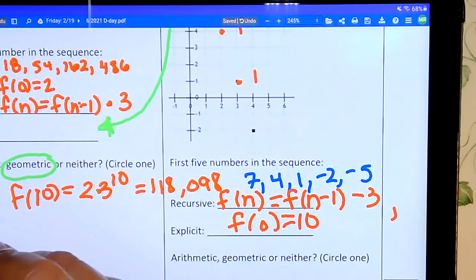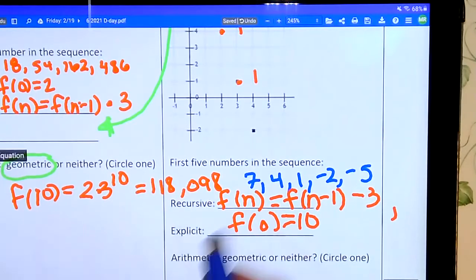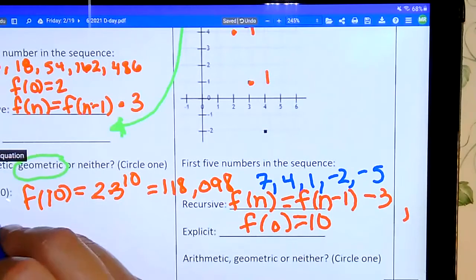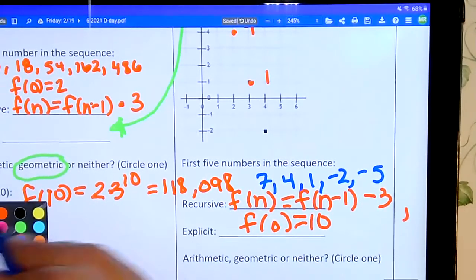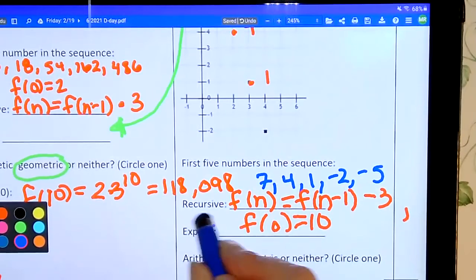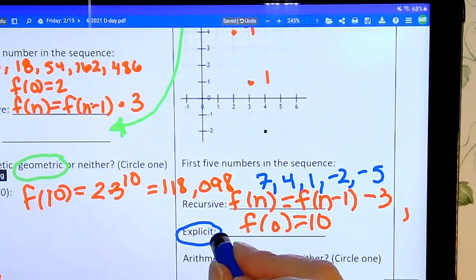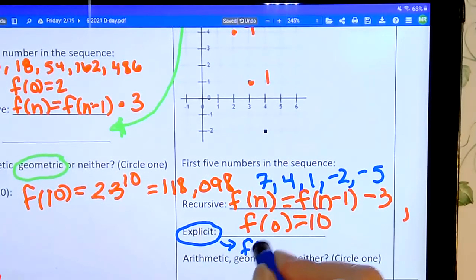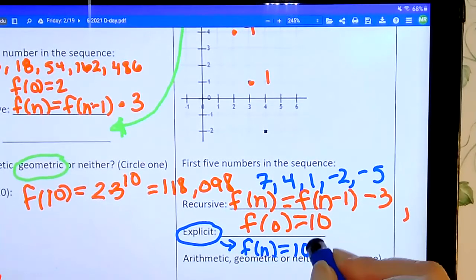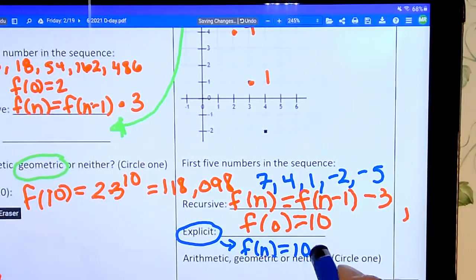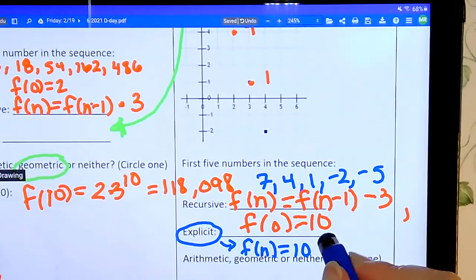So for this one, I'm going to do it in blue. This is my explicit that I'm going to write in blue. So down here, I'm going to write f of n is equal to, and I'm going to start with my 0, my 10. And I am not timesing it, I'm minusing it by 3. Last one was timesing.